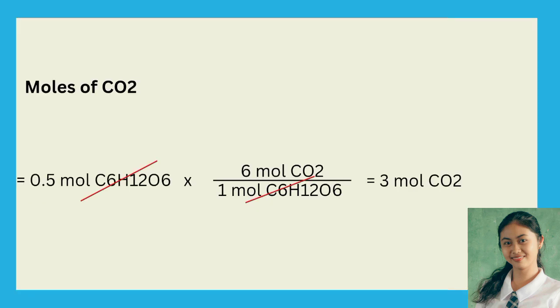This is about figuring out how much carbon dioxide comes from glucose. So, the rule is 1 part of glucose makes 6 parts of CO2. If we have a half part of glucose, multiply by 6, we get 3 parts of CO2.